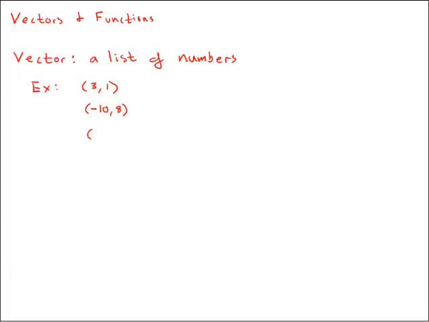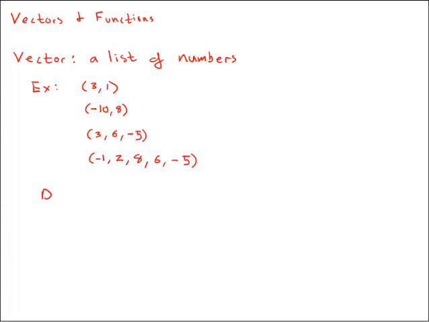Let's say 3, 6, -5. That's a list of three numbers. Let's make a list of 5 numbers. -1, 2, 8, 6, -5. I hope this is blowing your mind.